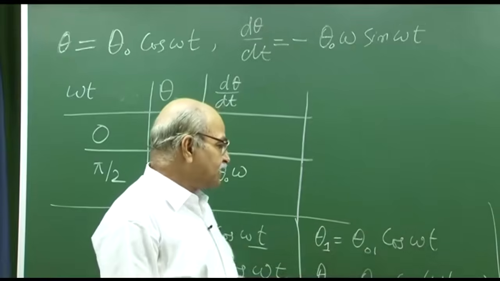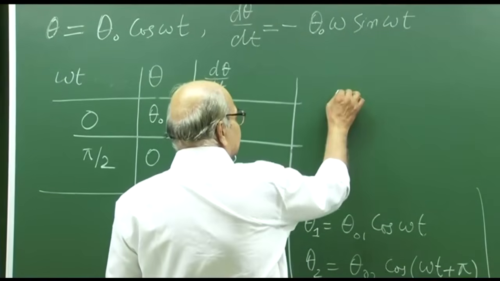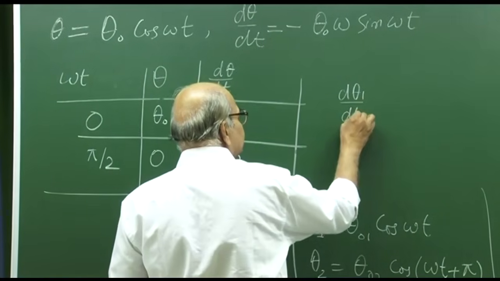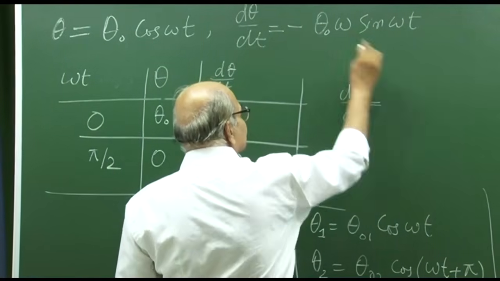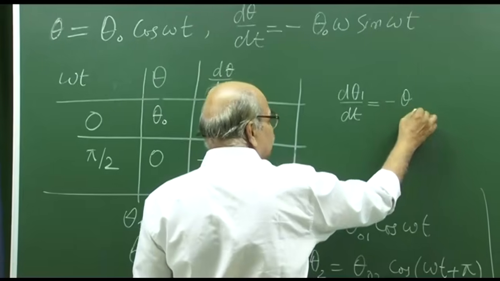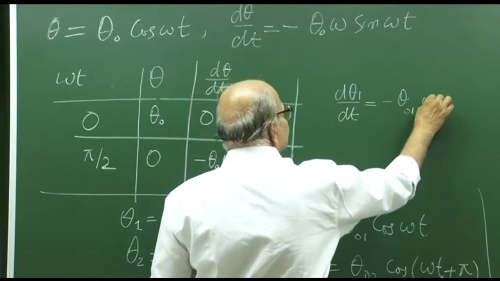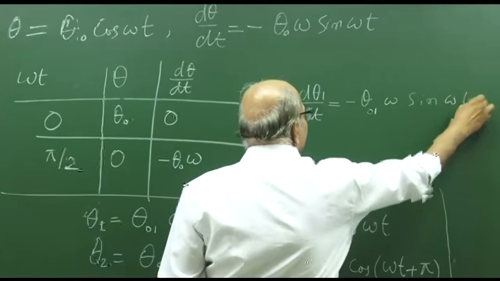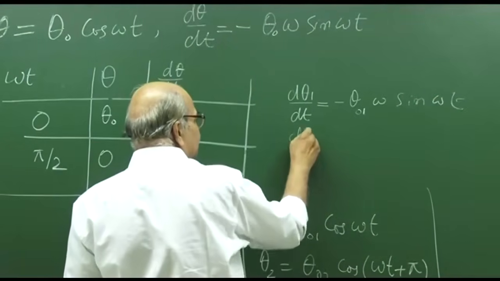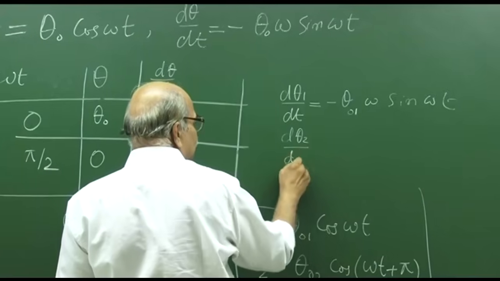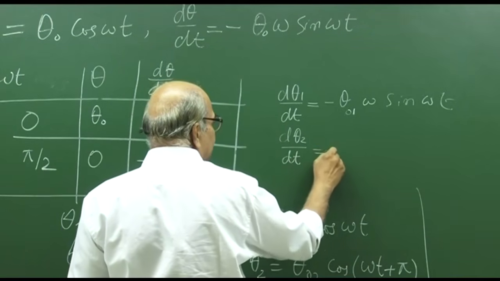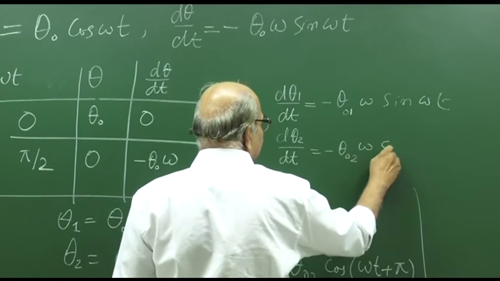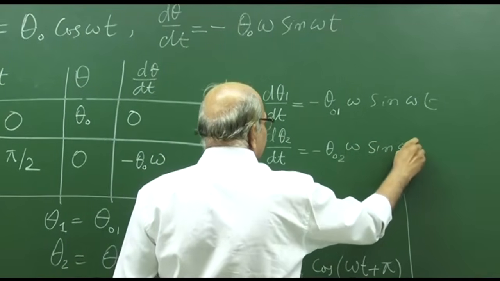So the velocity for the first one is d theta 1 dt, that is minus theta naught 1 omega sine omega t, and for the second one it will be d theta 2 dt, with sine omega t plus pi.